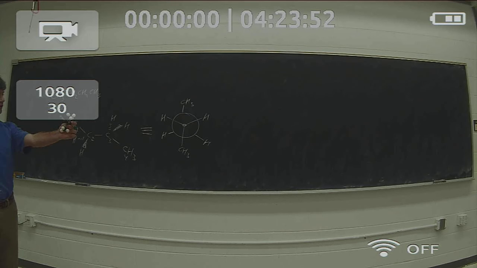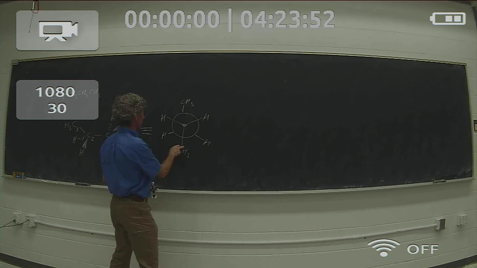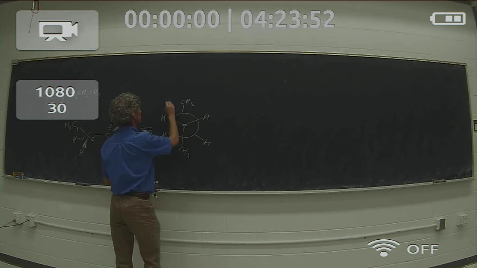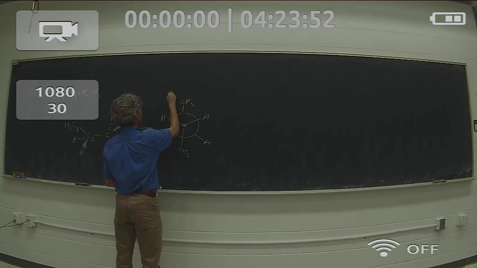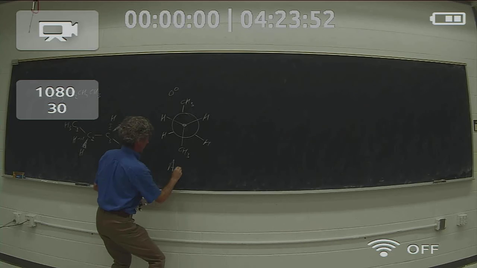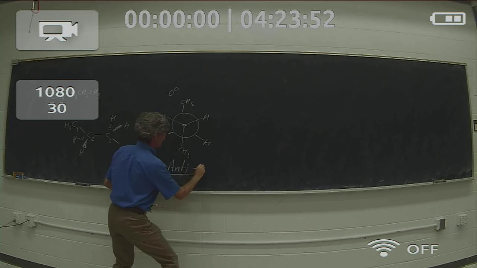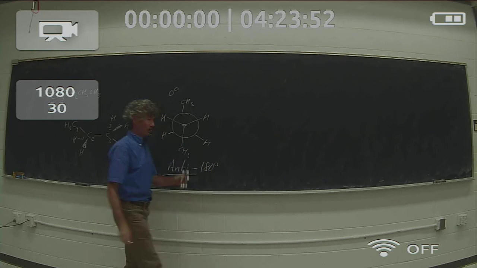So there's a conformation. It's a staggered conformation, but this is also referred to as an anti-conformation, because the two methyl groups are 180 degrees apart.